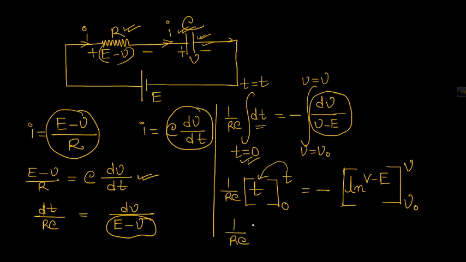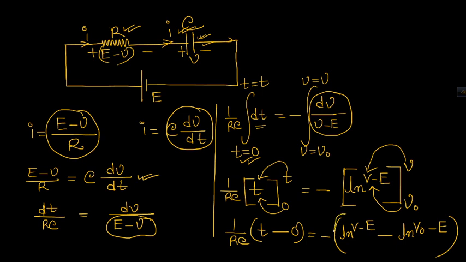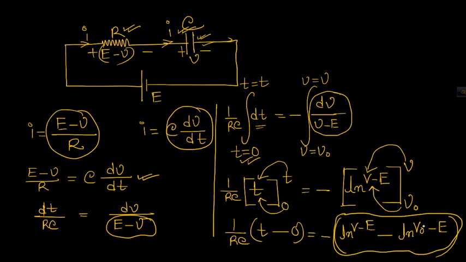Place the upper limit here, minus then the lower limit, place V naught here. Now rearrange this equation, 1 by RC dt. What we can write is ln something minus ln something is equal to ln of (V minus E) divided by (V naught minus E).